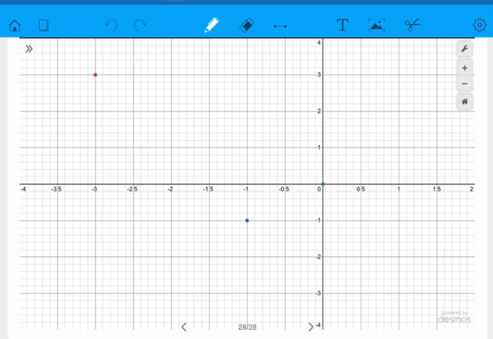When we put in x as minus 2 in the equation, then that would be minus 2 squared, which is 4, and then 2 times minus 2 is minus 4, so they cancel out. So the coordinate would be minus 2, 0.